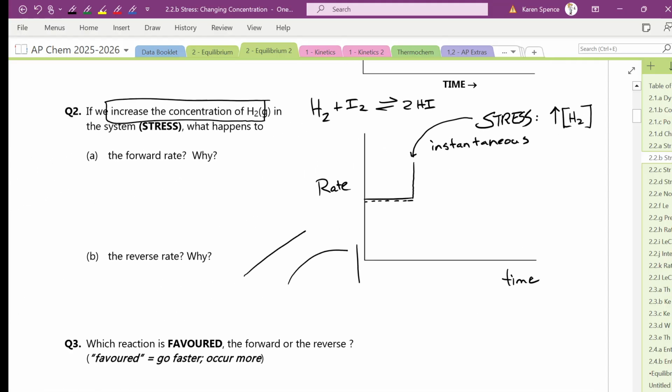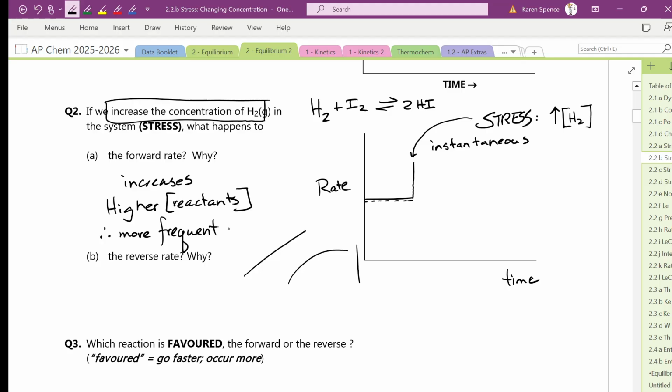Why does the forward rate increase? Yep, higher concentration of reactants. And therefore there will be more frequent collisions. Whenever you're talking about rate and you're explaining rate, you should probably always bring it back to collisions.